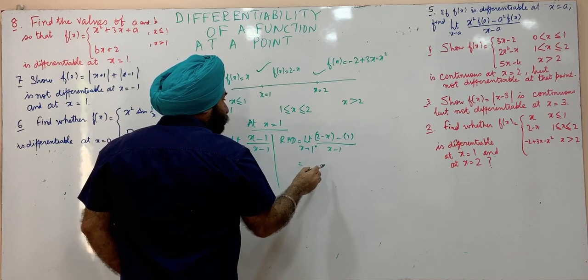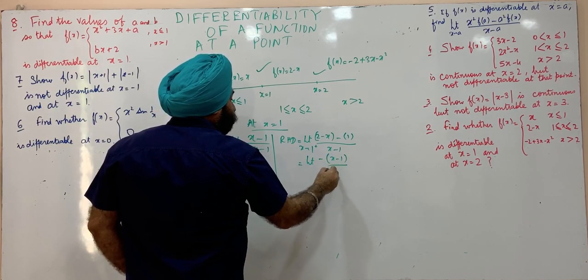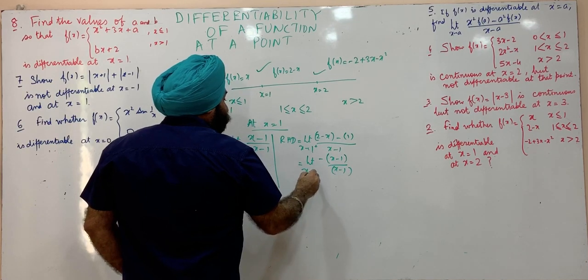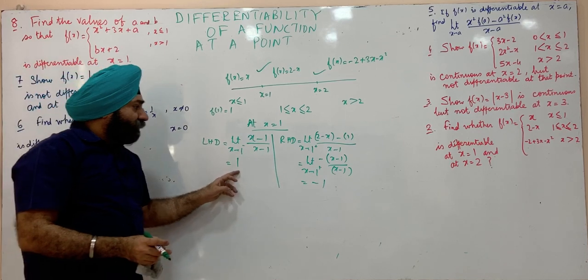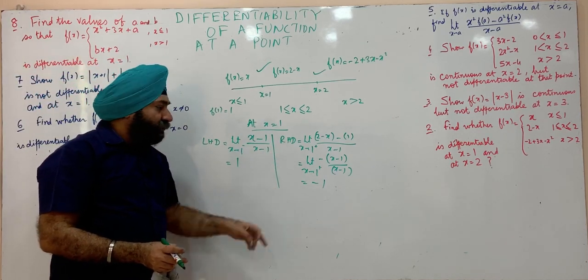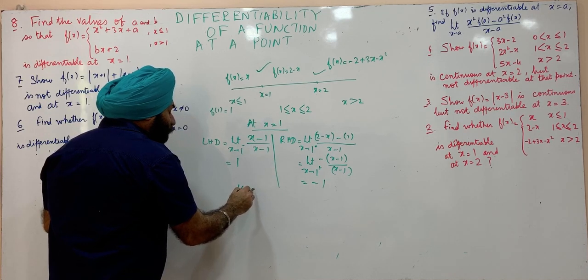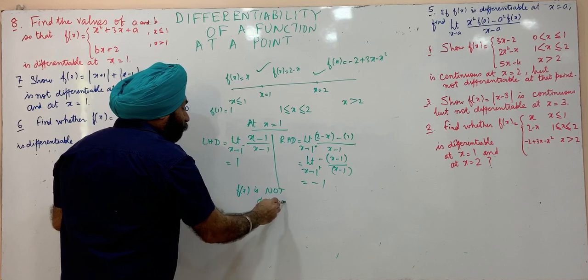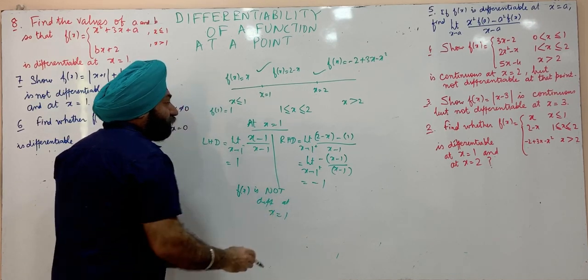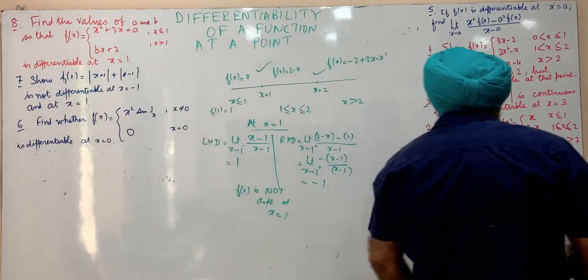This is 1 minus x, so we can say minus x minus 1 and as x approaches 1 plus, this will cancel out. So what do we get? Left hand derivative equal to 1, right hand derivative is minus 1. So f of x, this is the conclusion, is not differentiable at x is equal to 1.